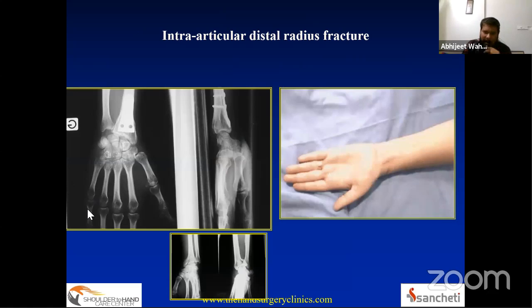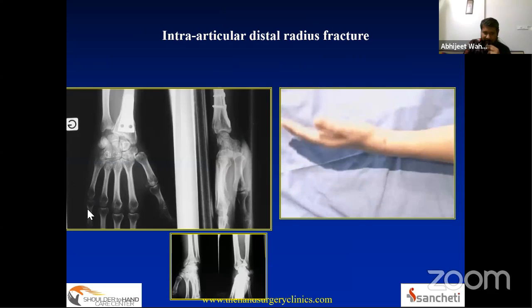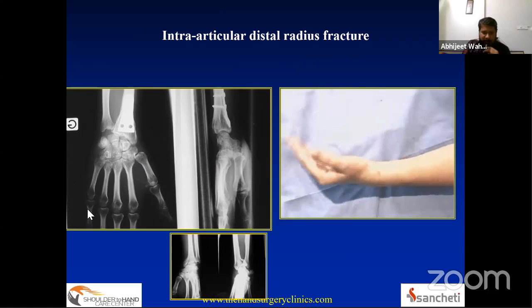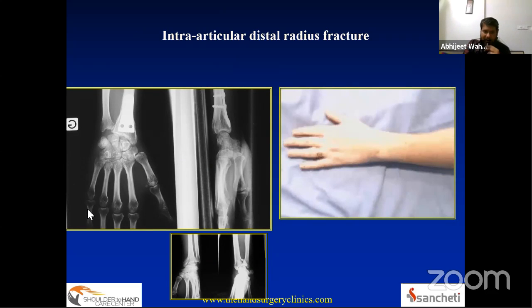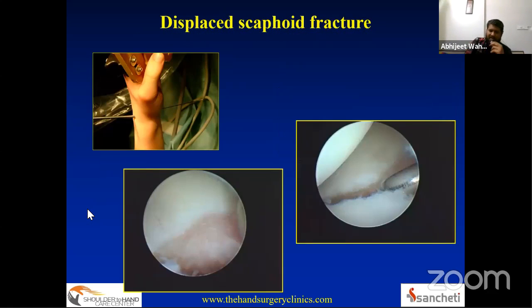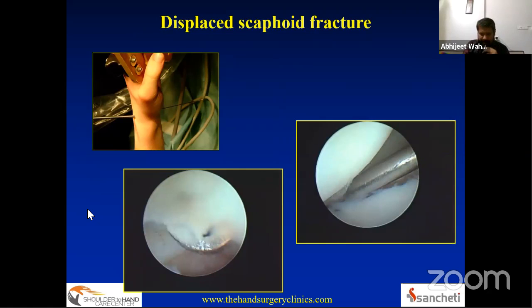Not only does it allow you to get good fixation or good reduction, but it also gives you the opportunity to address any ligament injuries that may be concomitant with distal radius fractures. So this particular technique is very widely used by different surgeons.